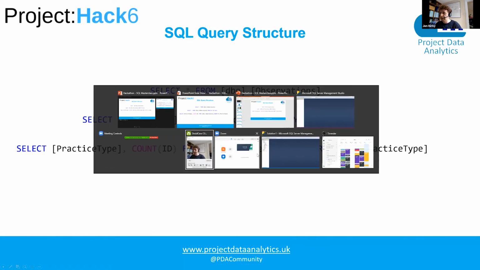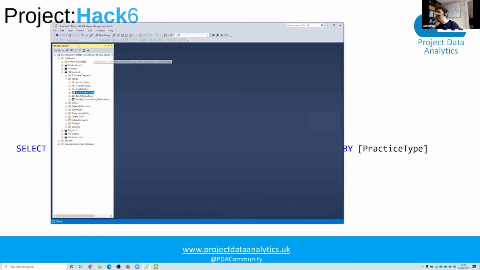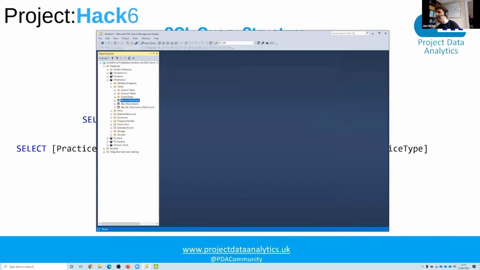So if I load up Management Studio, if you haven't seen SQL Server Management Studio before, you'd come in at this level. Sorry, this is my server level. Then here I've got all of these databases, and you can see the icon. That's the database icon. Within a database, you can have any number of tables.